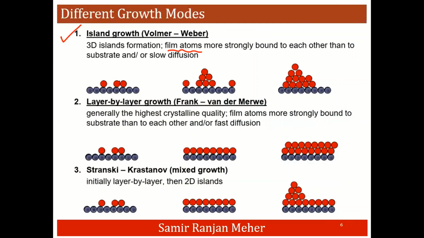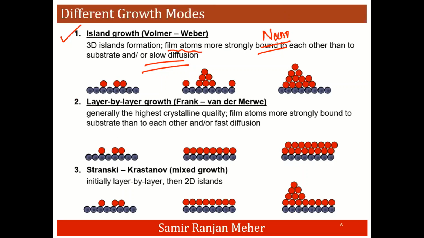So as a result, the atoms form individual islands, and the resultant is a nanocrystalline film. In this case, the crystallinity is very poor because of the strong bonding between the film atoms compared to that of the substrate. So here the diffusion is very, very slow.